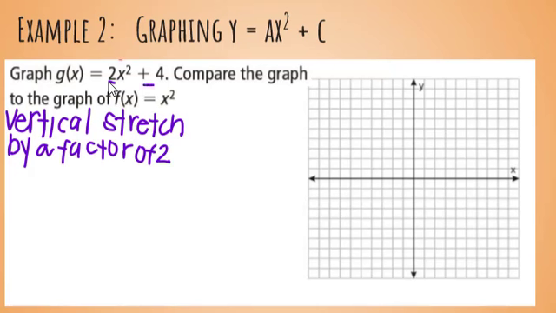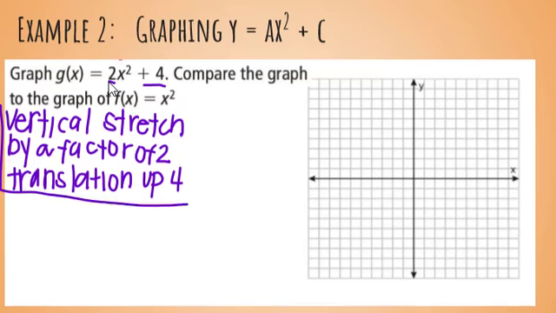And now we're going to look at this +4, which is our new transformation. And this is a translation up 4. So again, because of the plus, the positive, that means that we're going to be translating up.